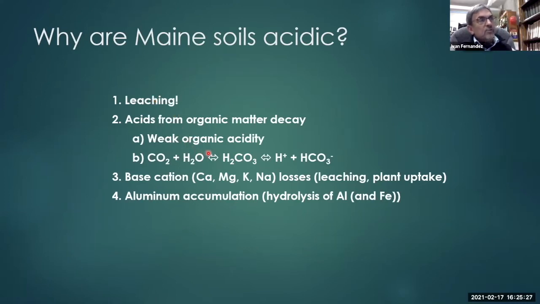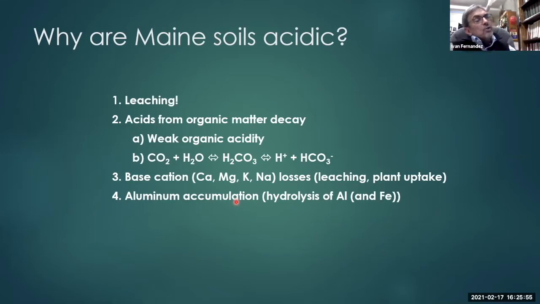We're producing acidity, at least naturally, from organic acids and the CO2. And that ends up mobilizing the base cations into solution, being replaced by the hydrogen and accelerating the weathering of release of aluminum, but aluminum will tend to accumulate. And so our soils are accumulating aluminum and being depleted in base cations.